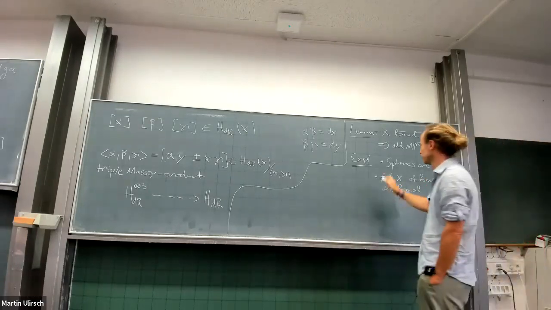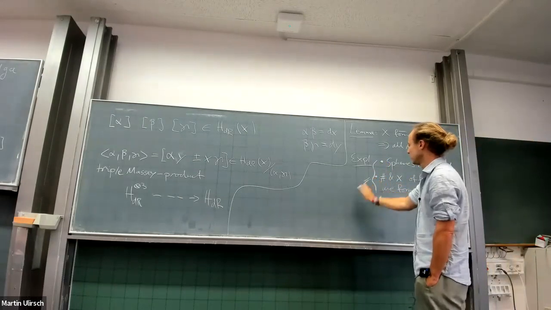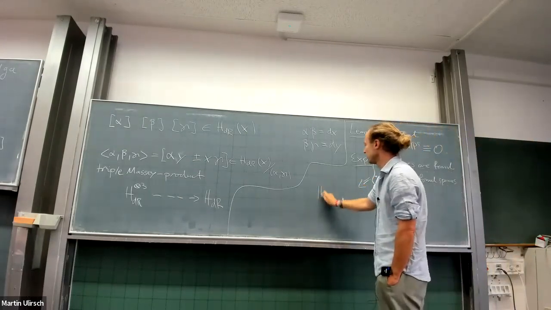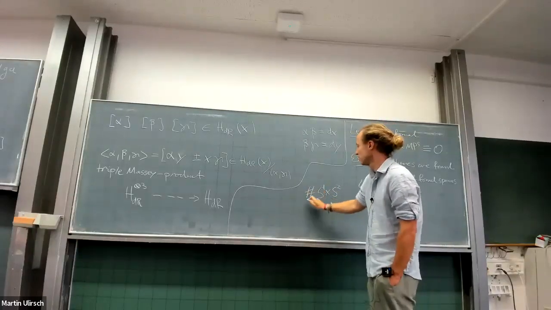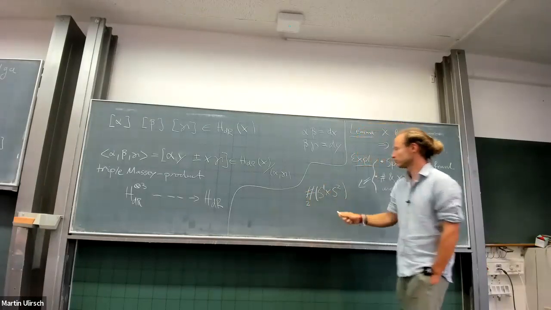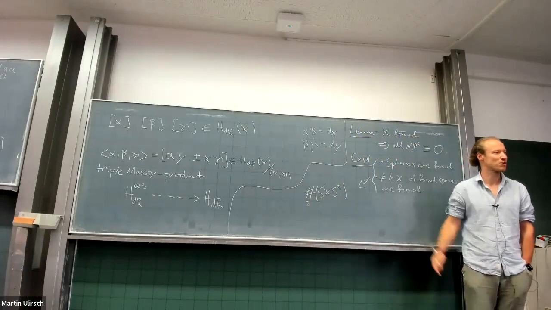So already from these two, we see, for example, that if we take S1 times S2 and then connect sum with itself, that is formal, so it has no products.